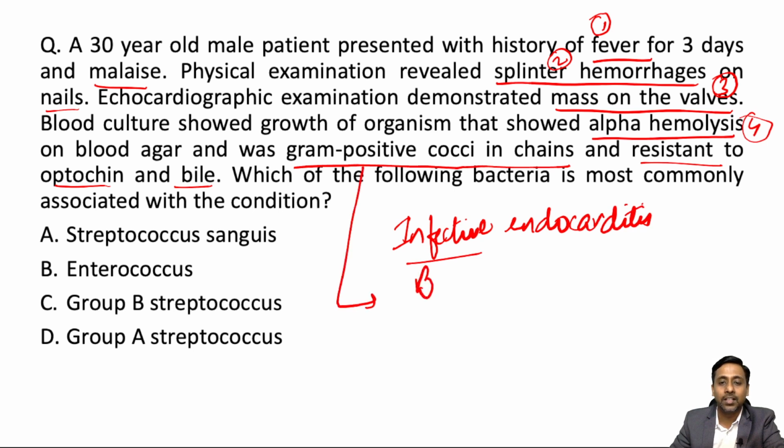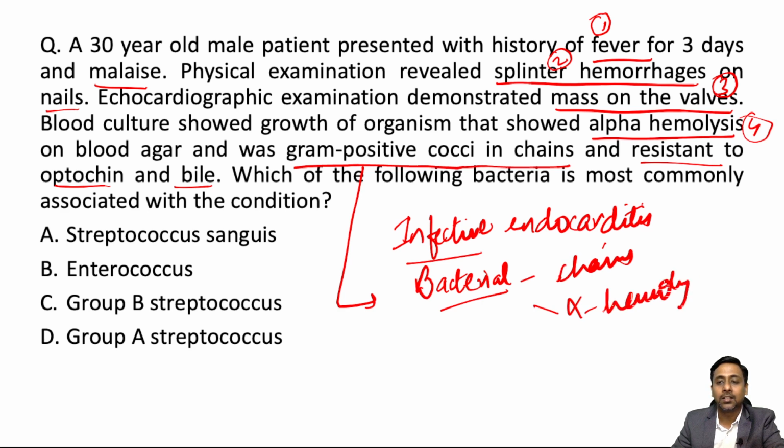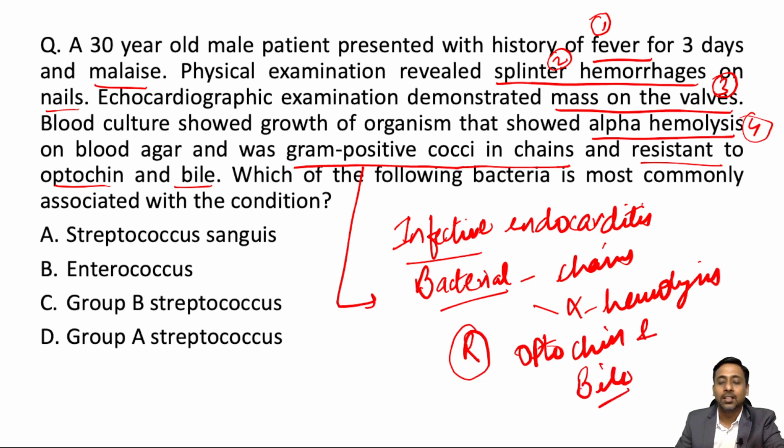So this is a bacterial endocarditis, and this gram positive cocci, first of all, occurs in chains and shows alpha hemolysis and is resistant to optochin and bile. So what could it be on the basis of this information?